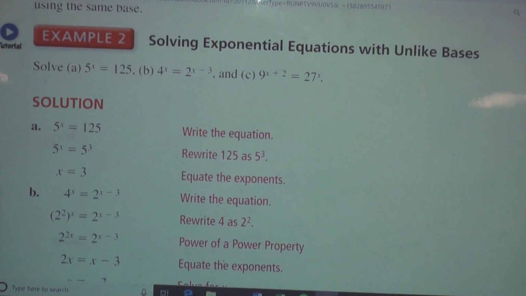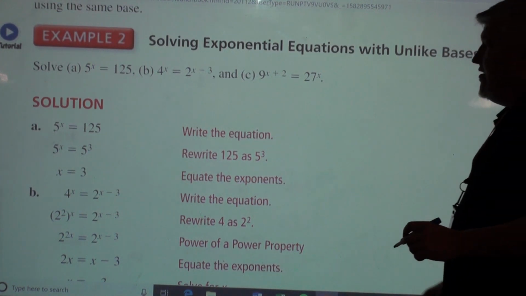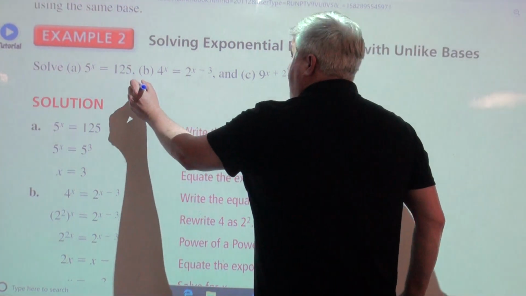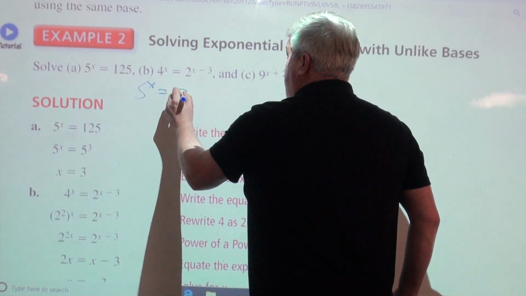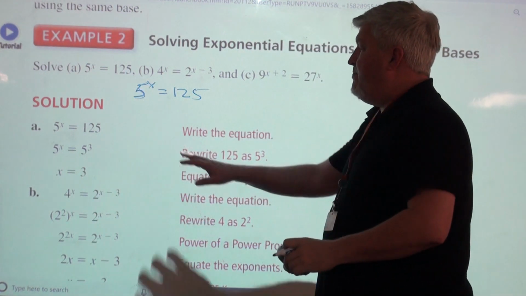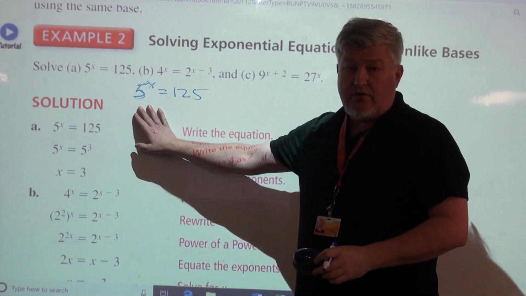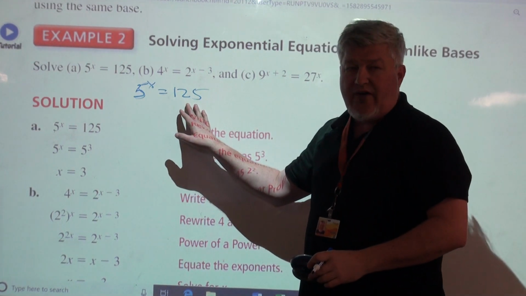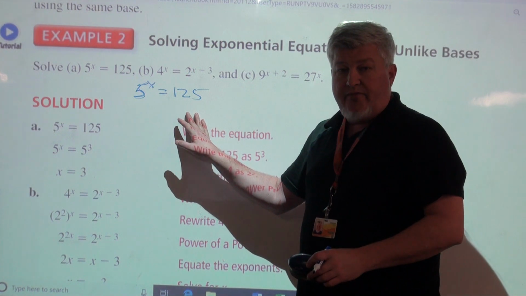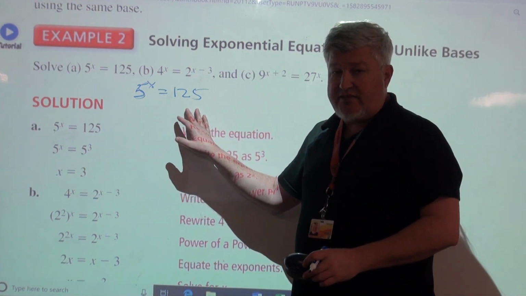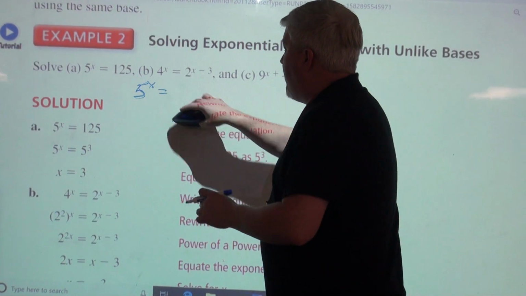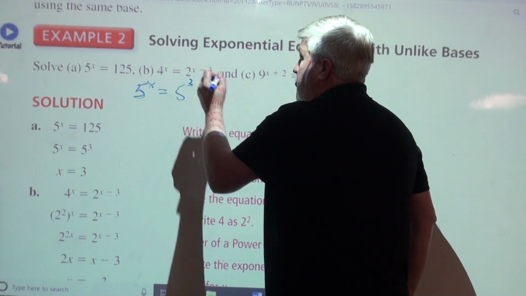The first one says 5 to the x equals 125. So what you have to ask yourself, you've got a base of 5. Can I rewrite 125 as a base of 5? For many of you, I think you'll see this, that 125 can be rewritten as 5 to the 3rd.